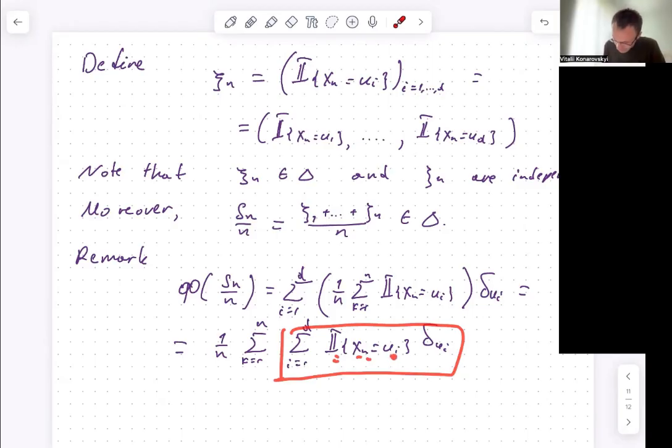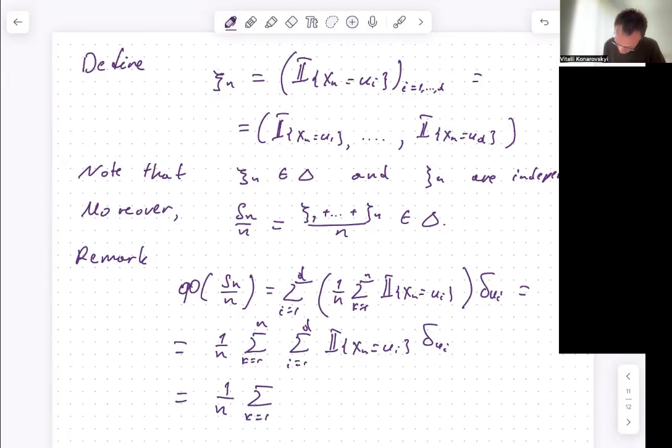For all other e, the indicator is equal to zero. So this ui you can replace by xk. And then you can continue and write that it is 1 over n, sum k from 1 to n, of delta xk. And it is exactly mu n for every n.